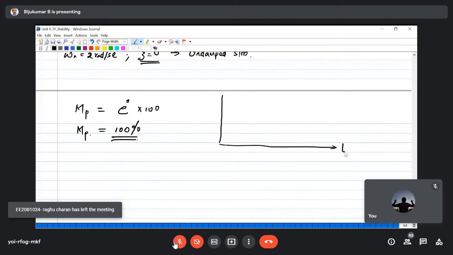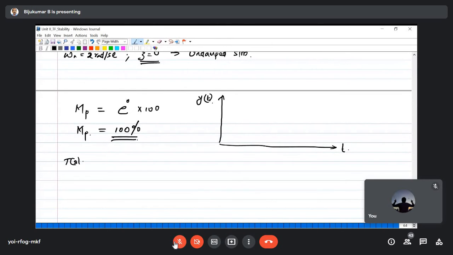So, what will be the response? We'll see. We know T(s) is equal to omega n square divided by s square plus omega n square, right? In this case, yeah.